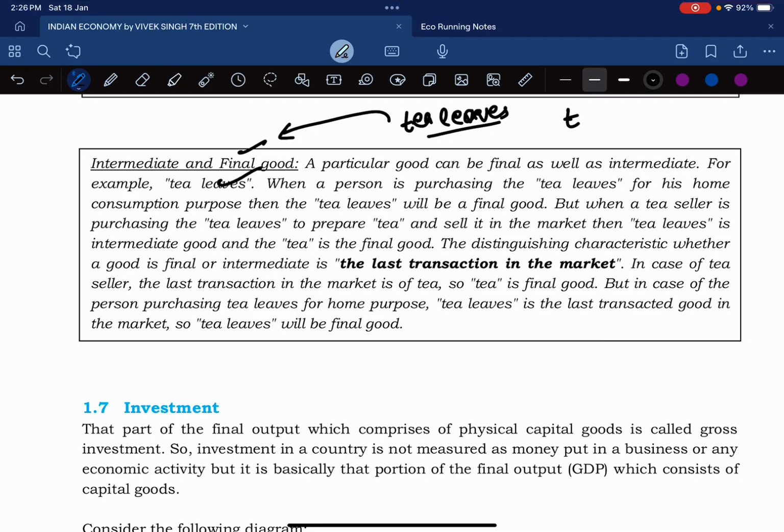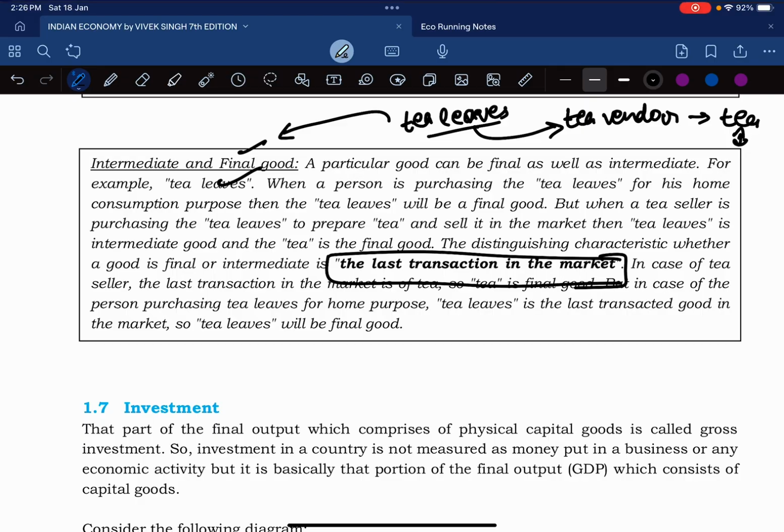But if a tea vendor buys tea leaves, then it is an intermediate good for that person, because that person ultimately sells tea and gets money for tea, not for tea leaves. So the last transaction in the market is the final good, and the rest is the intermediate good. If I buy tea leaves, it is a final good. If a tea vendor buys tea leaves, it is an intermediate good. So that's all.